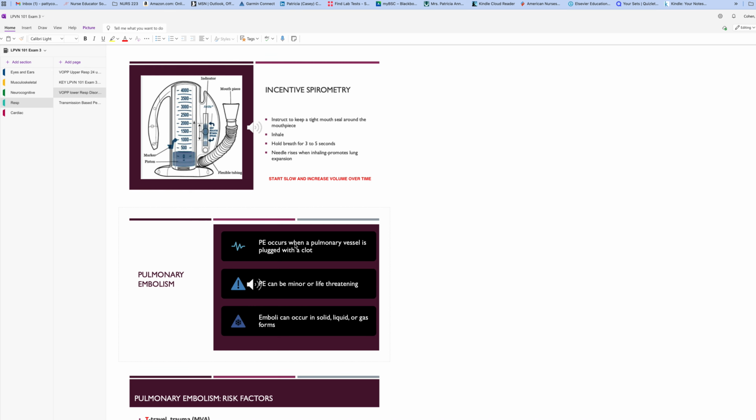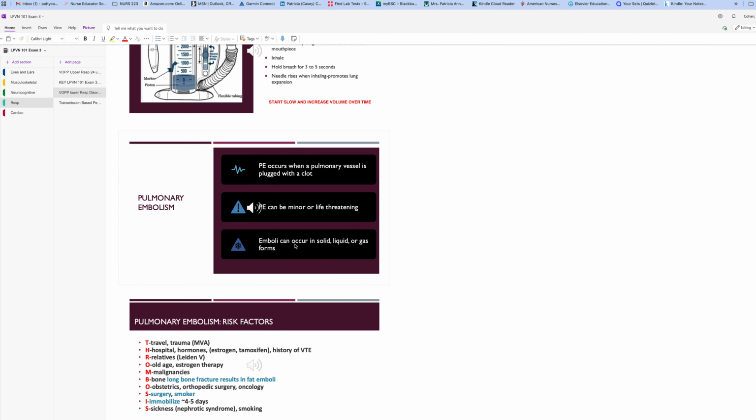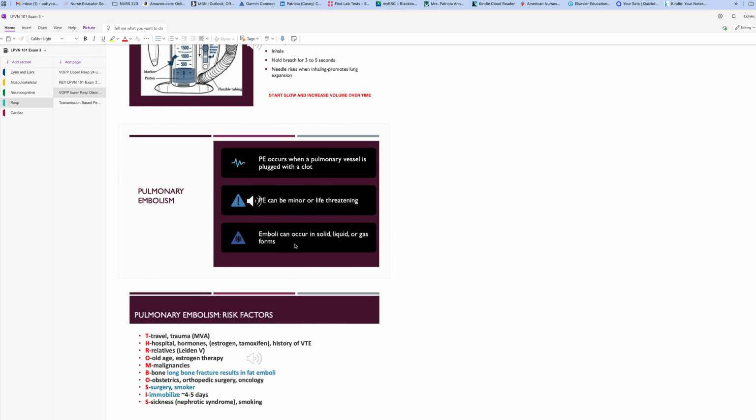Pulmonary embolism. It happens when a DVT dislodges and is plugged into a pulmonary vessel, okay? It can be minor or life-threatening. 10% of the people that come into hospitals die of pulmonary embolism, so it's preventable. So you really need to know how to prevent this, okay?